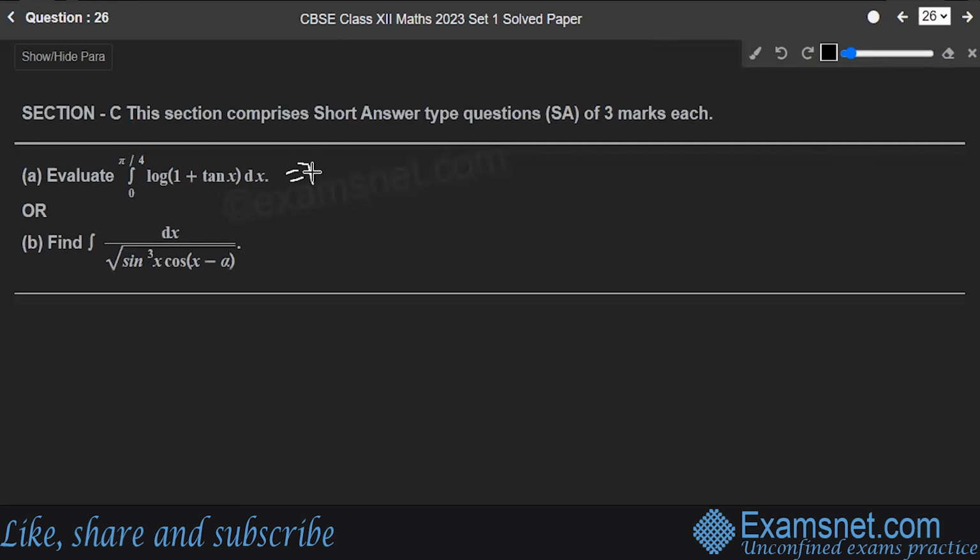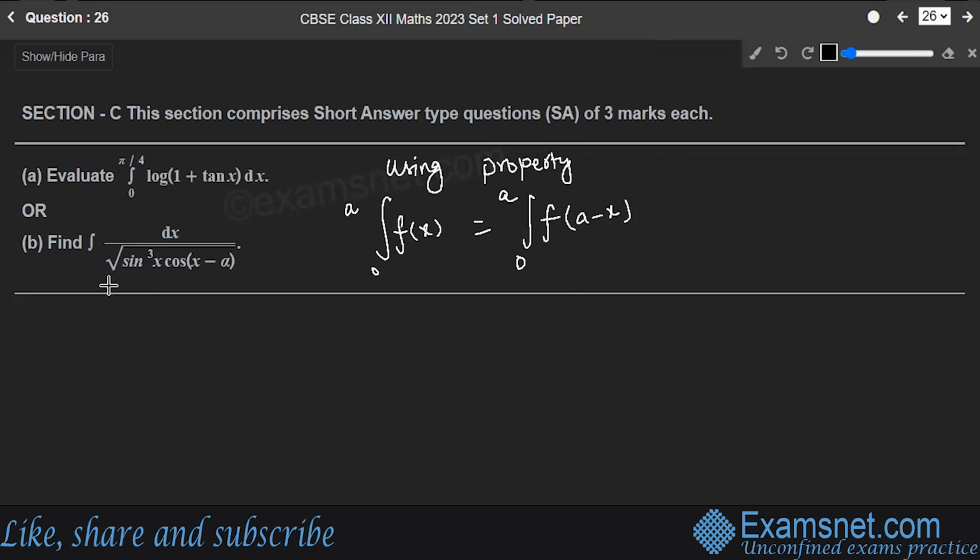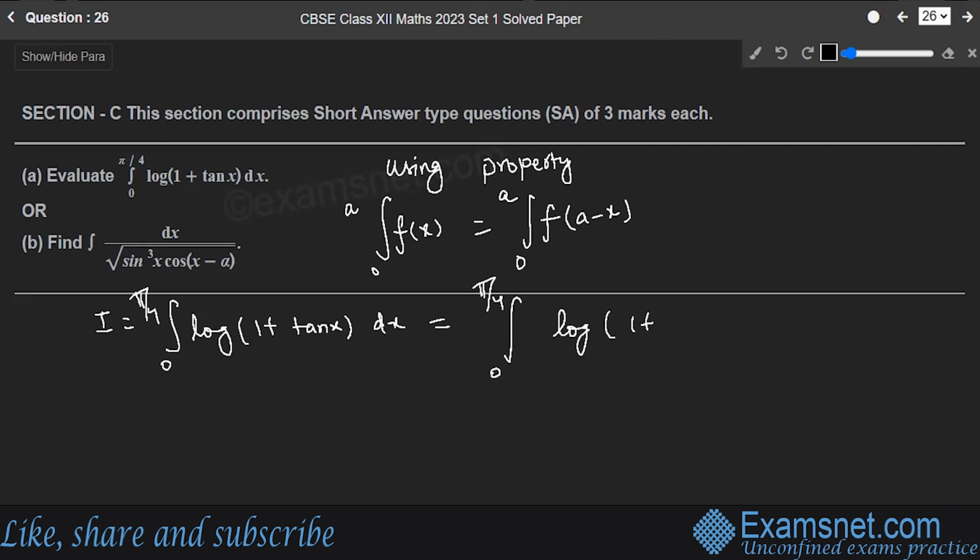Let's say this is equal to some integral I. I'll be using a property over here, that is integral of 0 to a f of x dx is equal to integral of 0 to a f of a minus x dx. So the given integral, 0 to pi by 4 log 1 plus tangent of x dx, can be written as 0 to pi by 4 log 1 plus tangent of pi by 4 minus x dx.